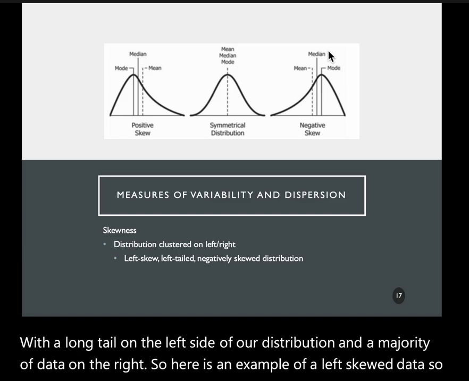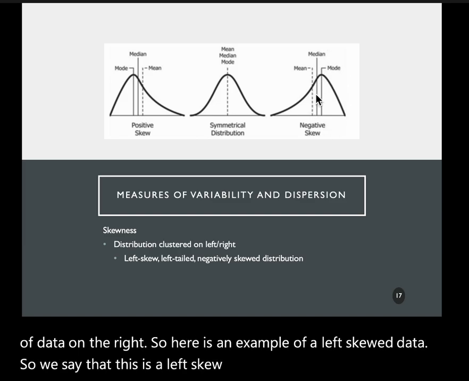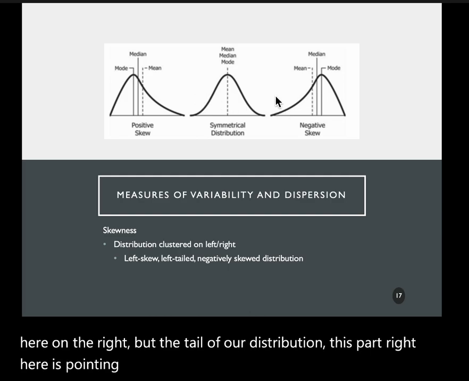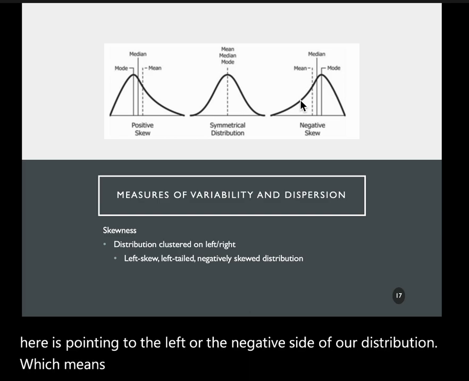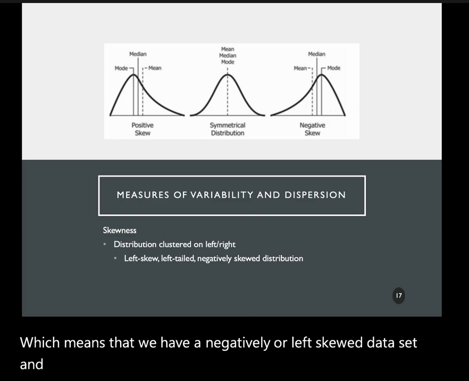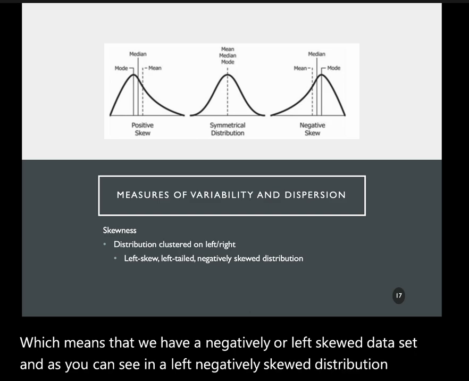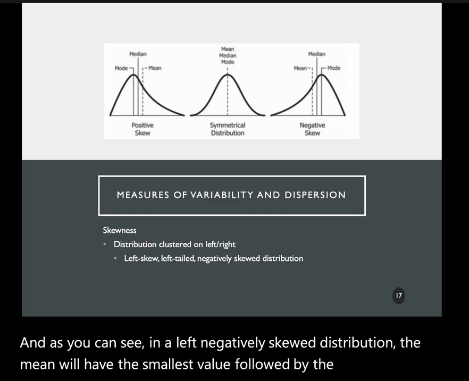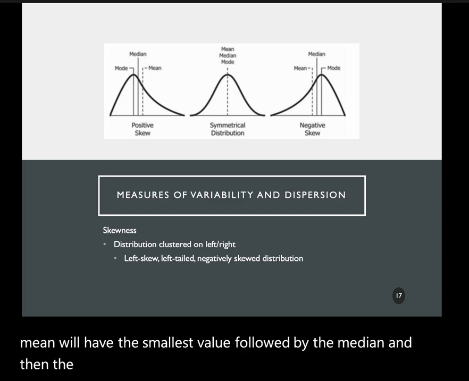We say that this is a left skew because the majority of data is here on the right, but the tail of our distribution, this part right here, is pointing to the left, or the negative side of our distribution, which means that we have a negatively or left skewed data set. And as you can see, in a left, negatively skewed distribution, the mean will have the smallest value, followed by the median, and then the mode, which will be at the highest peak of the distribution.